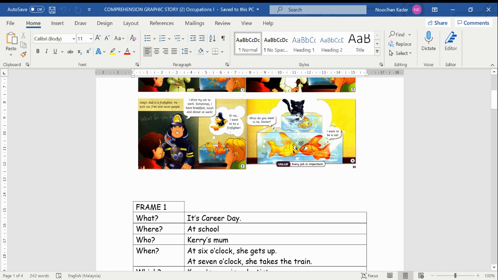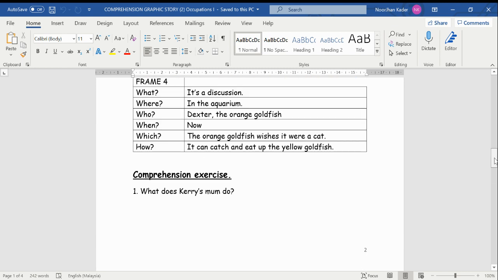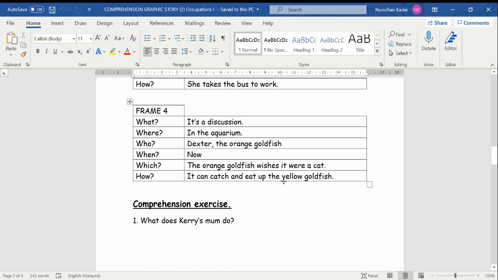Or it can just scare it, because you can see the black cat is putting its paw inside the aquarium. So it can catch and eat up the yellow goldfish, or it can scare the yellow goldfish, either one.